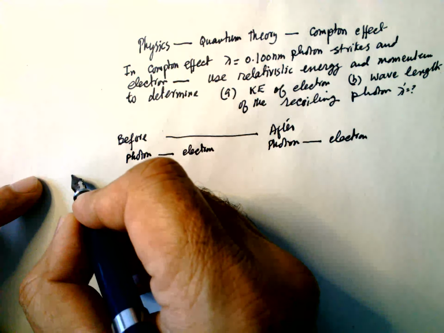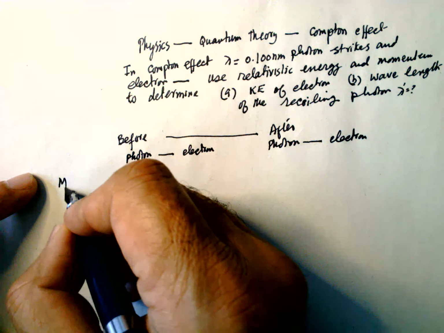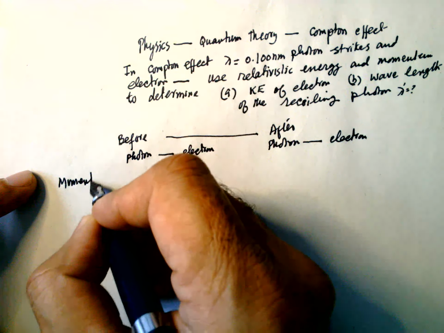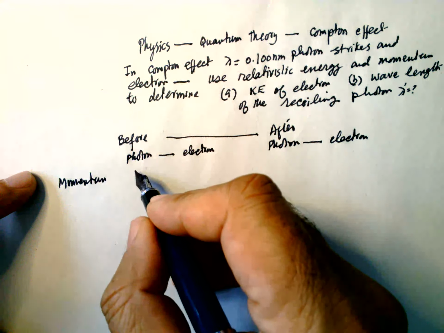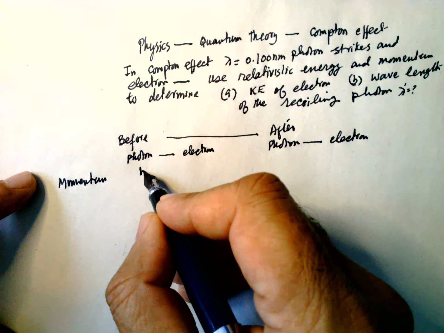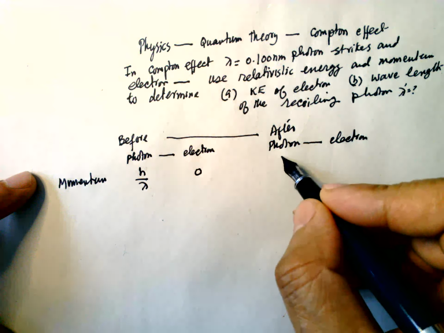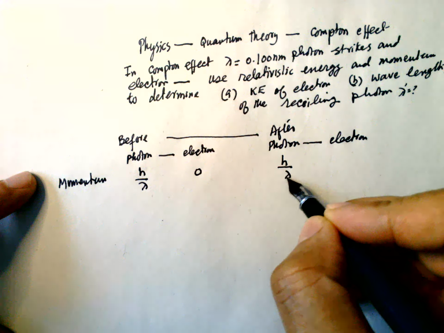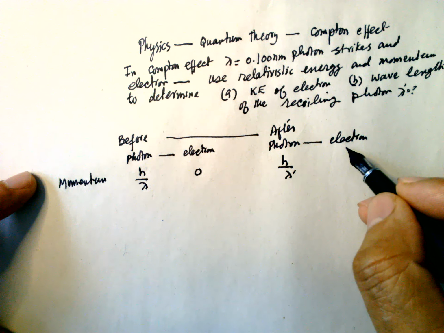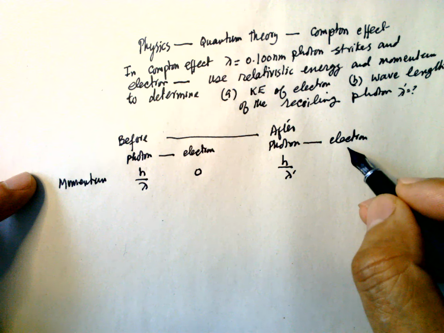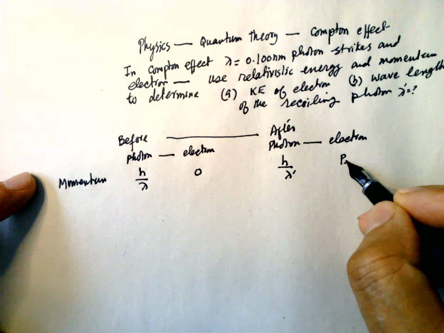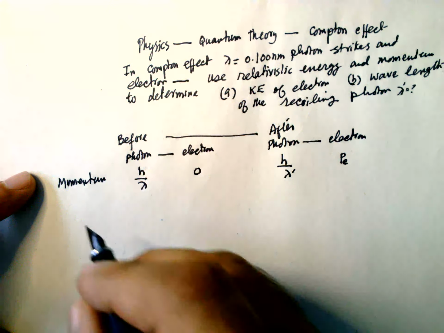This is momentum. Momentum of the photon is h over lambda. Momentum of the photon after is h over lambda dash, and the momentum of the electron is PE.